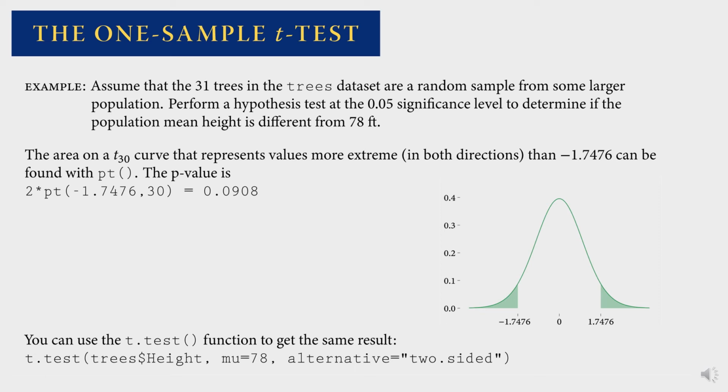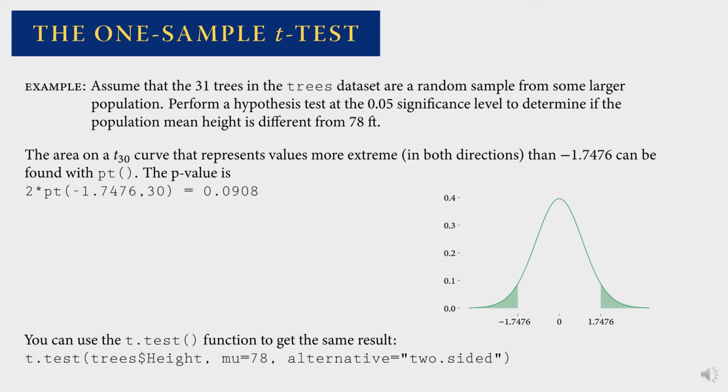If the population mean is 78, then drawing a sample mean of 80 would be just as unlikely as 76, and a sample mean of 81 would give me a t-stat maybe over here, and that's even more unlikely. Because we're concerned with any values that would give us evidence of a difference from 78, we have to account for the area on both sides.